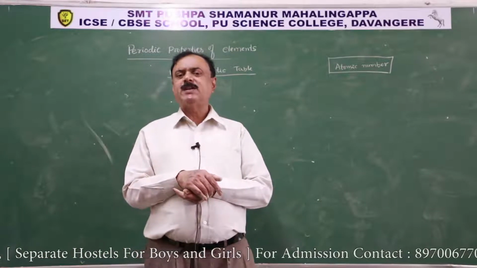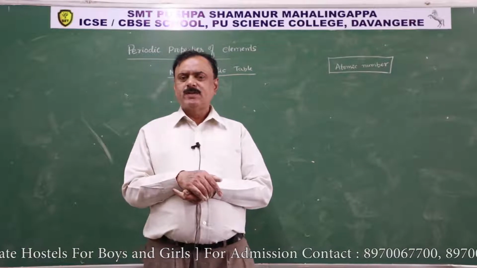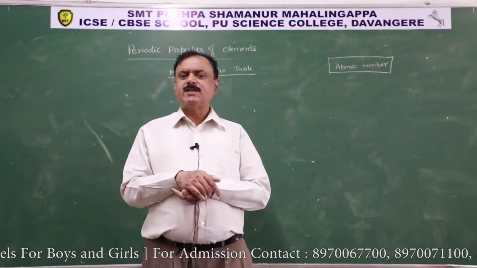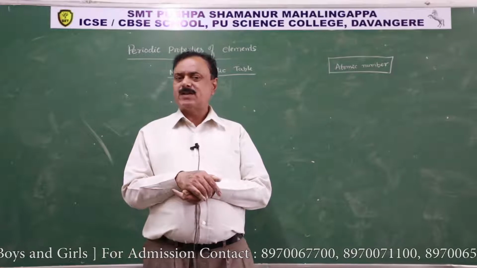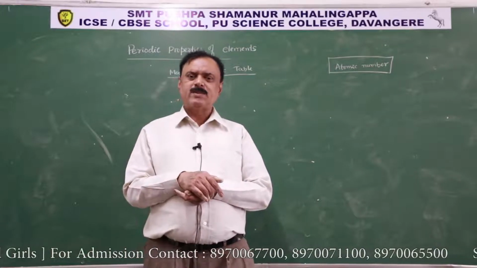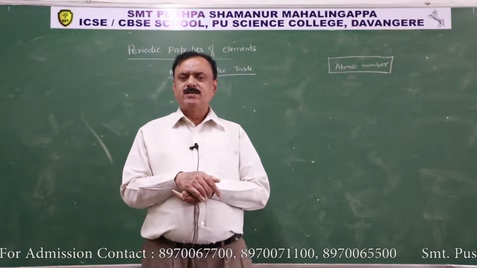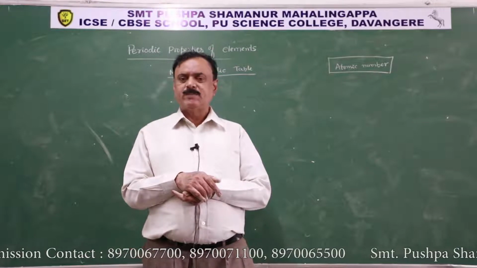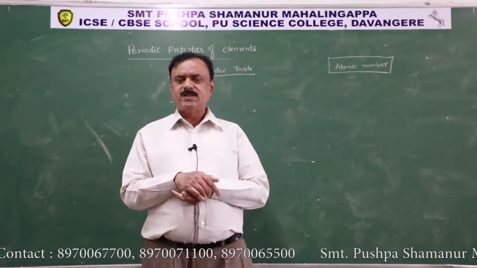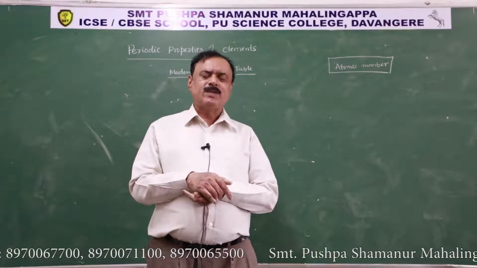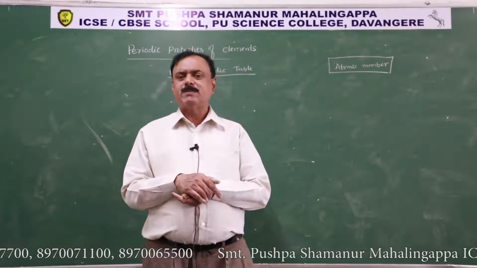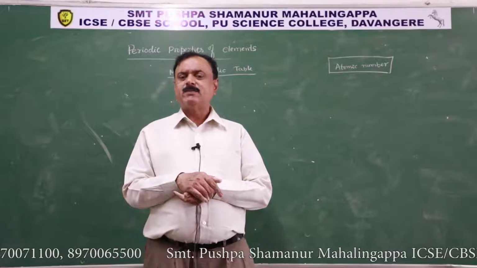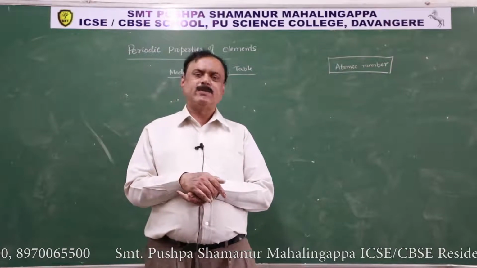Therefore, the physical and chemical properties of the elements are periodic functions of their atomic number, not mass number. Mass number holds good to some extent, but limitations will occur. Therefore, nowadays we use this modern periodic law where the physical and chemical properties of the elements are the periodic functions of their atomic number.